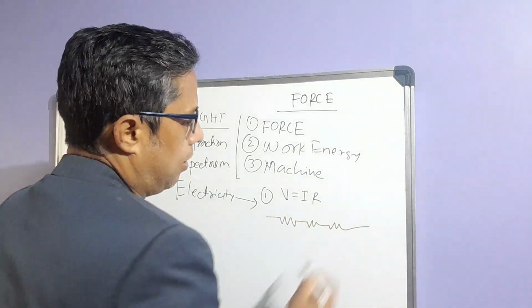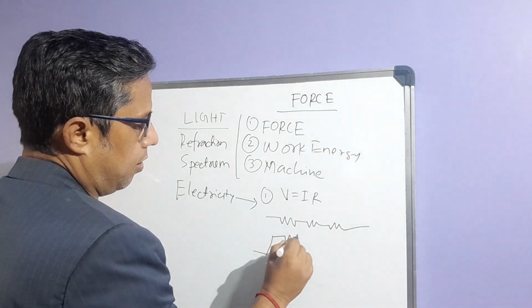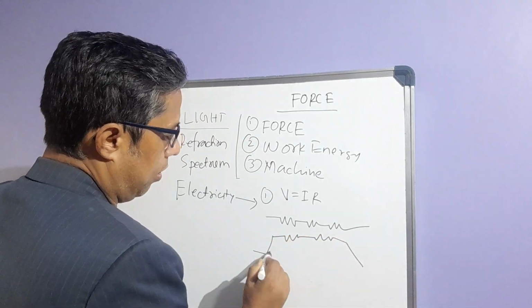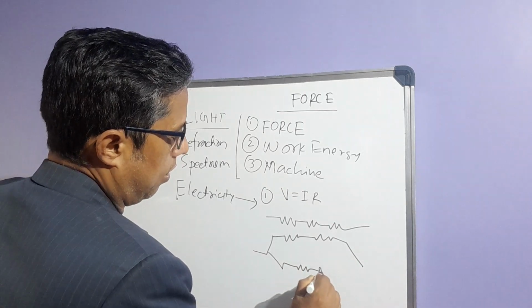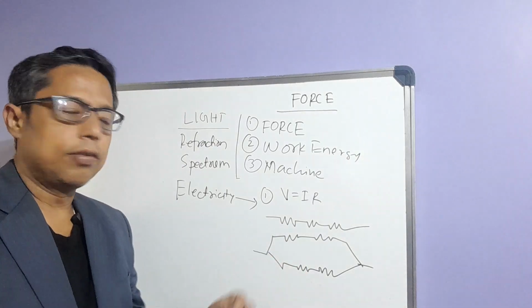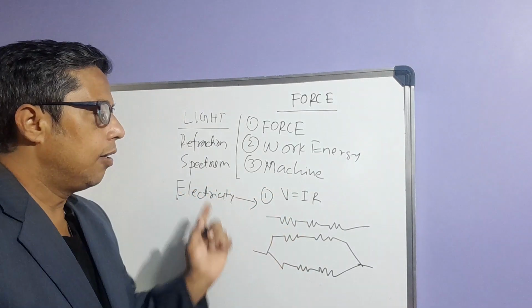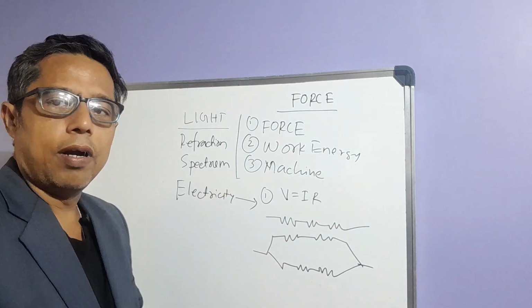This is an example of series resistance. And this is an example of a parallel resistance. These are four resistances. So these things you are going to learn in the electricity part, and there will be a lot of numericals on this part.